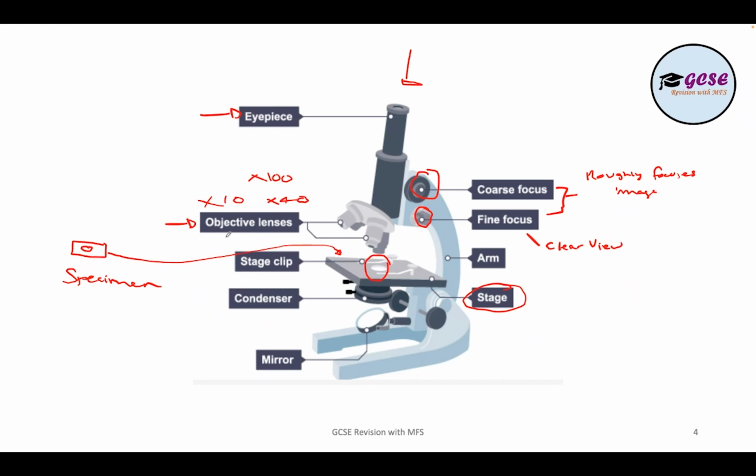We would use the smallest objective lens, place the specimen on, put the stage clips on so it stays in place, turn on the microscope, look through the eyepiece lens, and turn the coarse and fine focusing knobs until you get a clear image of your specimen.